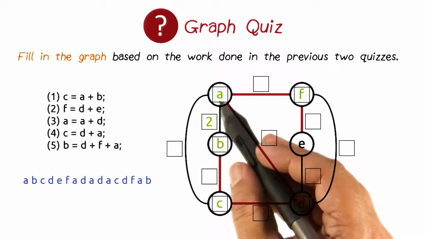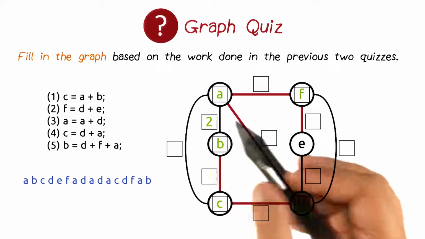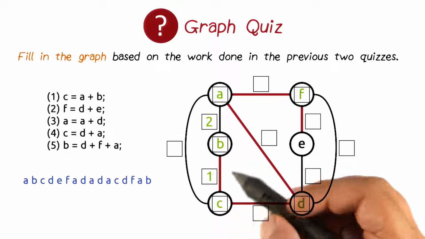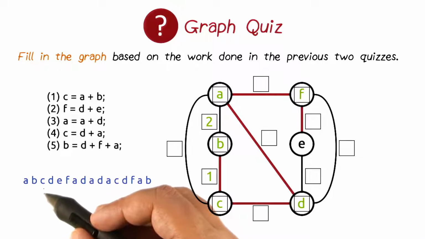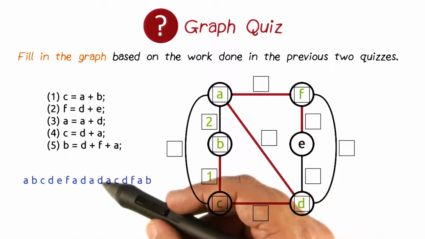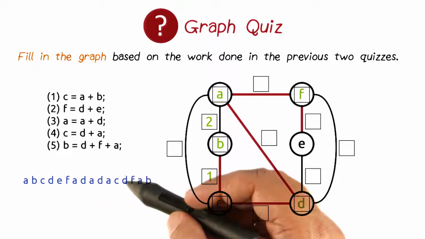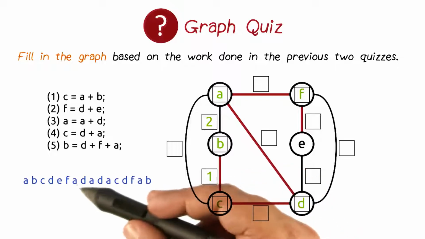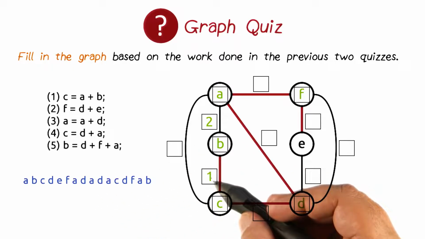That is why the frequency of these transitions is equal to 2. Let us continue the process for finding out the frequency of this B to C edge. So if we again go to the access sequence, we go from B to C once, and that's about it. We don't ever again go from B to C or C to B, as a matter of fact, and therefore the frequency is equal to 1.